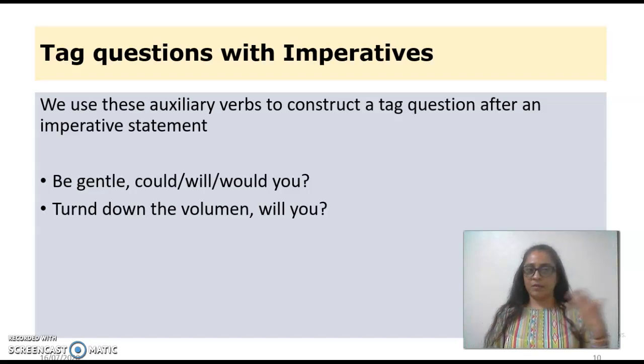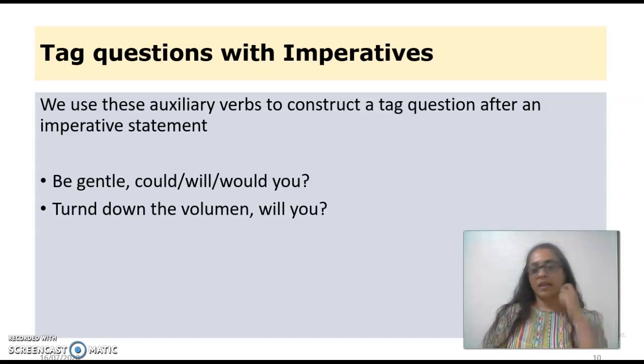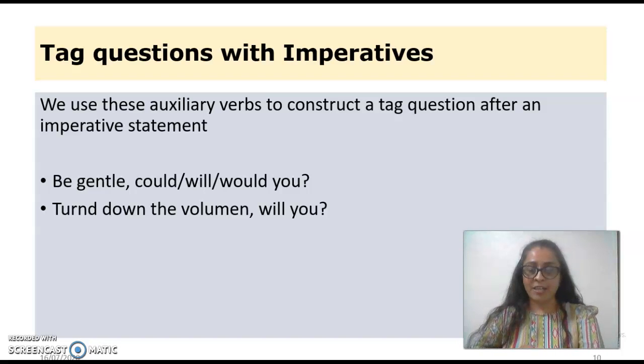I suggest that you construct more tag questions and try to practice falling intonation and rising intonation. We have special cases of tag questions. We have imperatives, and imperatives do not have an auxiliary verb. In this case, we use either could, will, or would.